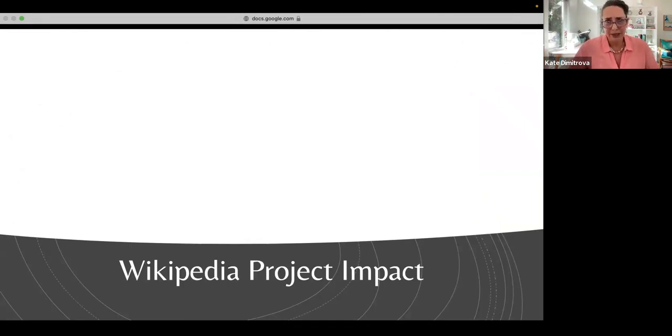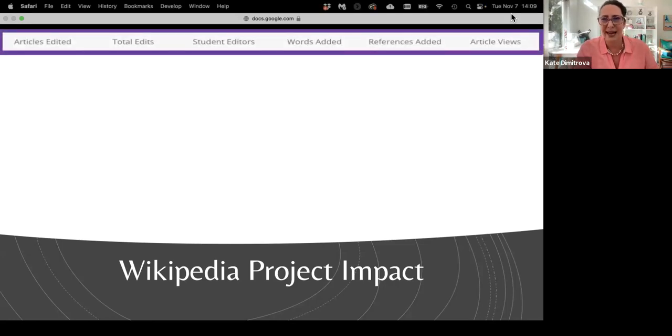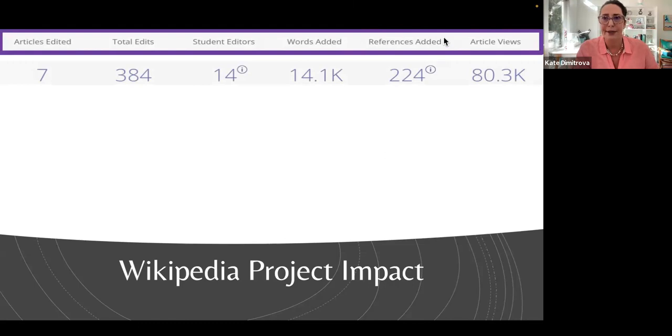But there is the impact on Wikipedia and the impact on the students, in addition to myself. So I wanted to share just a few things with you. This is just some stats on what the classes look like. I've done 3. At the top are the articles edited, how many edits those classes made, and how many editors I had in each class.